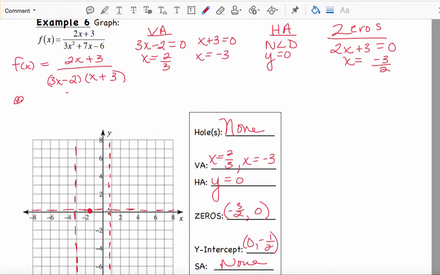And I have a y-intercept at 0, -1/2. And that's it. I don't have anything else to graph. So definitely I'm going to need myself quite a few extra points. So I'm going to go ahead and use my graphing calculator to help me out.